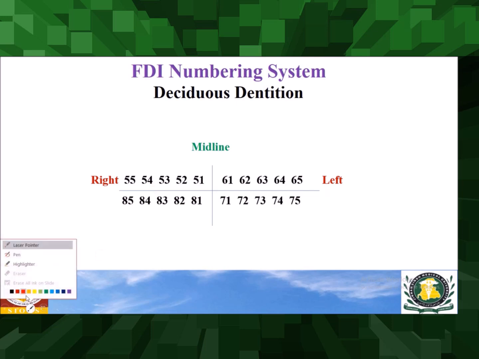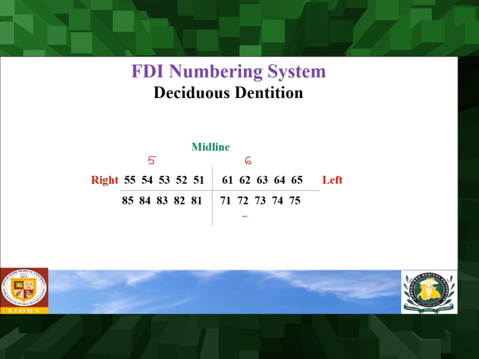There are 2 digits. The first digit basically indicates the quadrant number. For example, the number 5 indicates the maxillary right quadrant. Number 5 is the same for all of the teeth. Number 6 indicates the maxillary left quadrant.